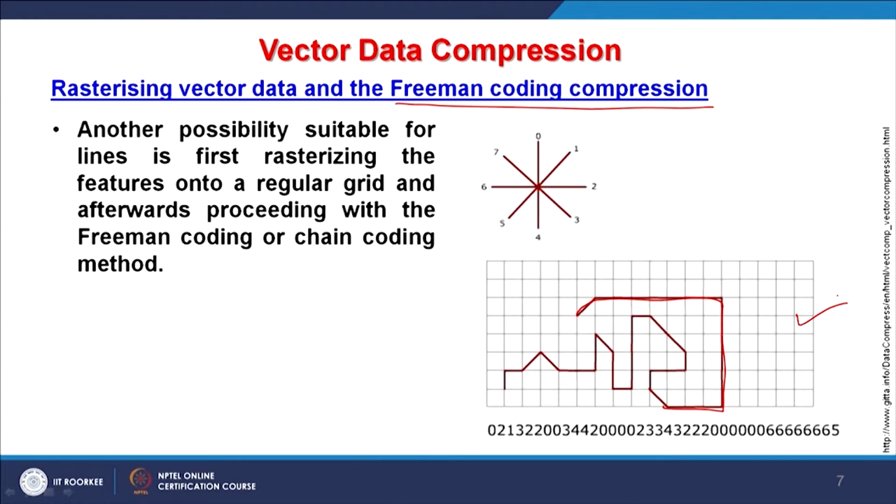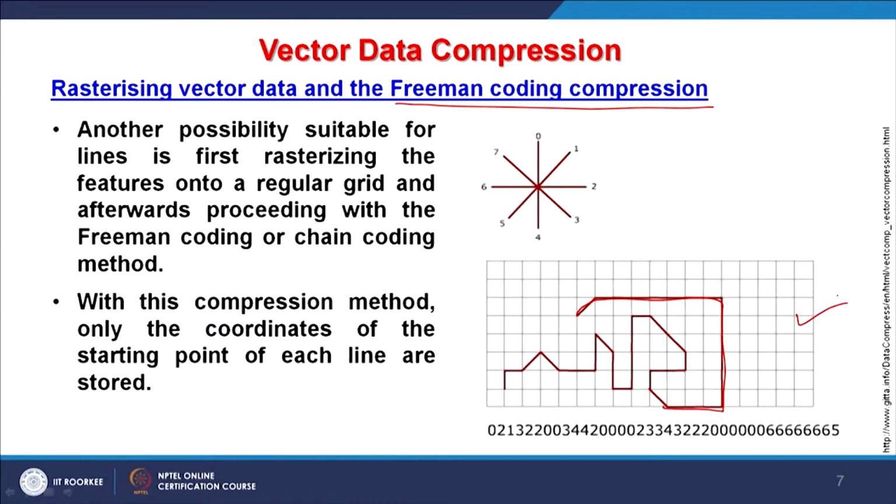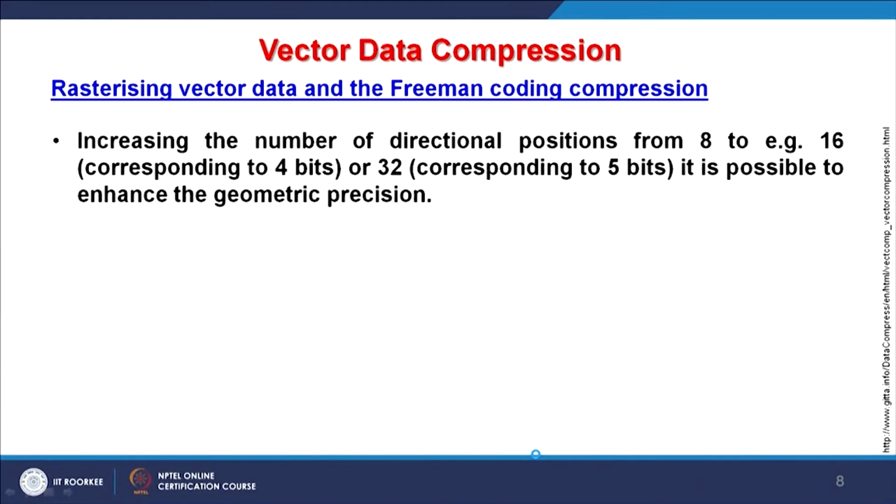The chain coding method has also been implemented for raster data compression, and when we discuss that part, it will be discussed in detail. In this compression method, only the coordinates of the starting point of each line are stored, because the rest is stored as a regular grid, and that way also compression can be achieved.